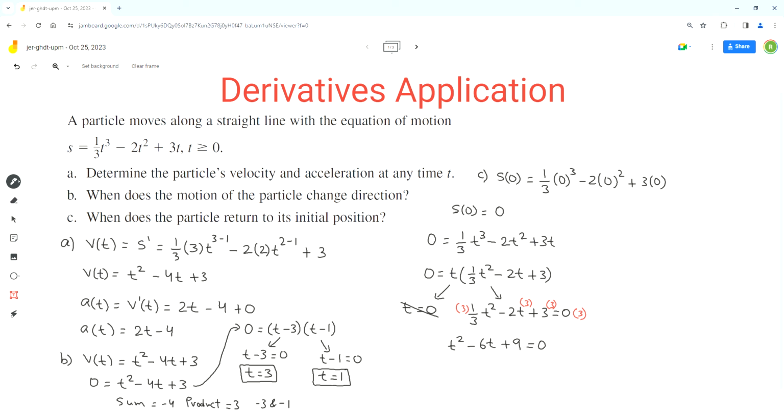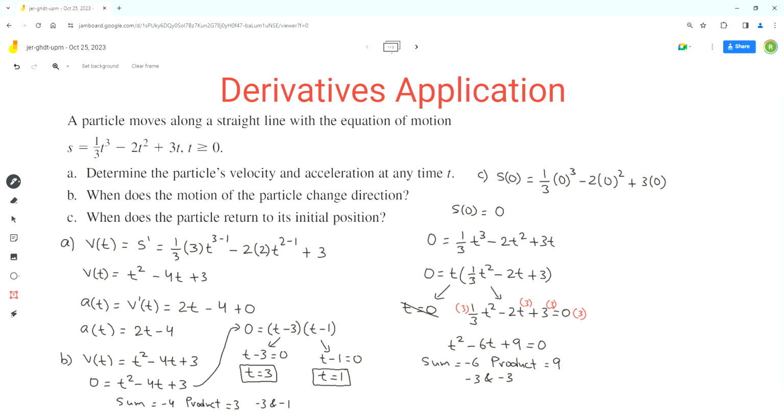Now this is a simple trinomial, so we can factor it using the sum and product rule. So we have to find two numbers whose sum is negative 6 and product is 9. So the two numbers are negative 3 and negative 3.